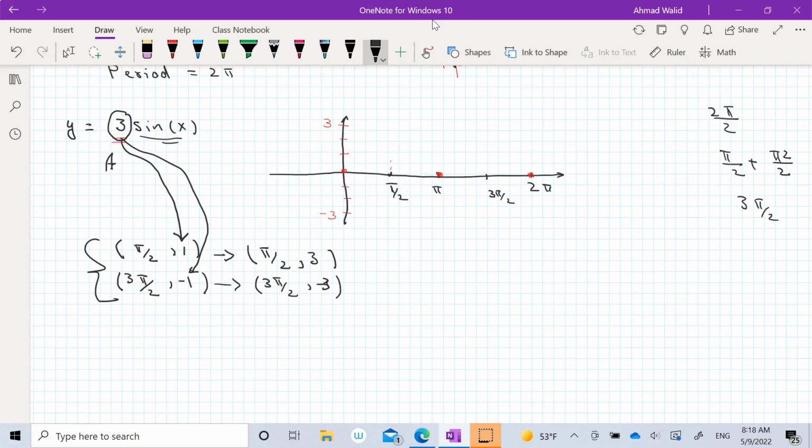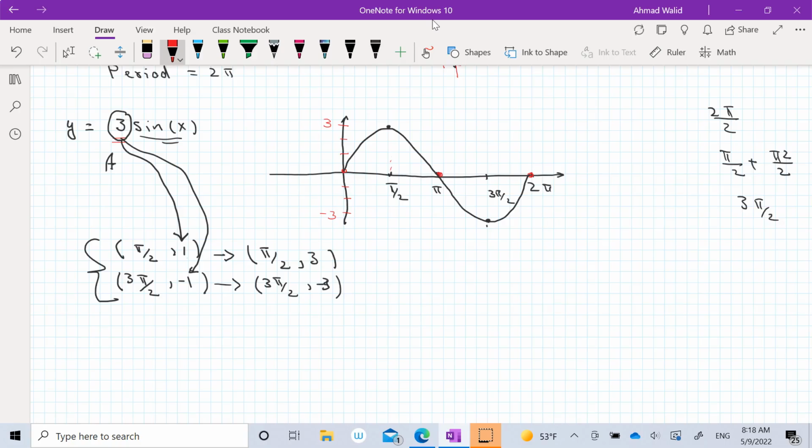And it gives you the new key points. It means at pi over 2, the graph becomes 3. At 3 pi over 2, the graph becomes what? -3. Now, easily you can graph. Just connect these points with a smooth curve. That's the graph of y equals 3 sine x.